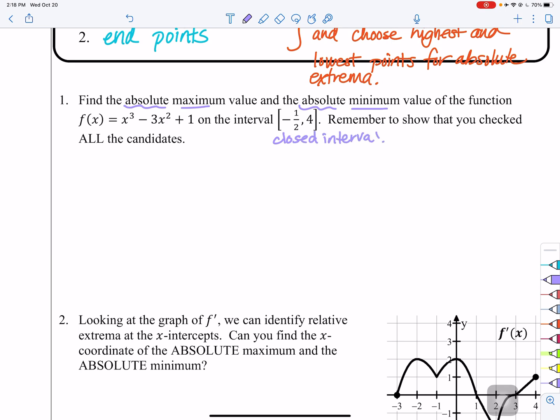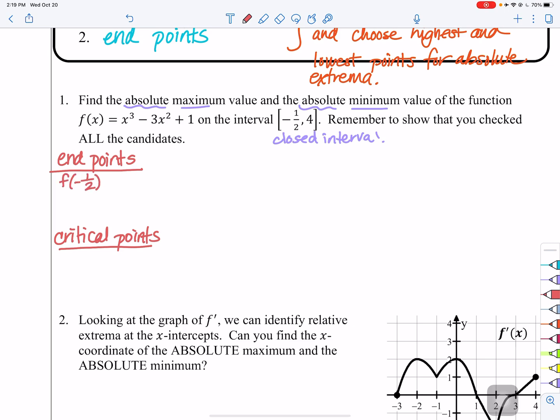So of course, we have to first check the endpoints. And then we need to check the critical points. And we'll look at their y values. We might as well go ahead and find f of negative 1/2 and f of 4.